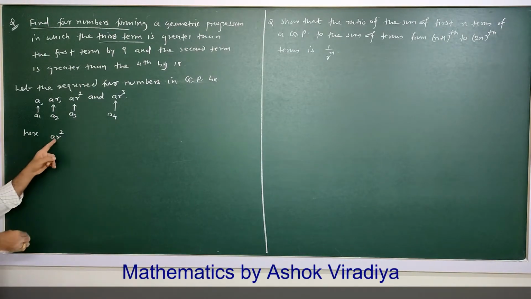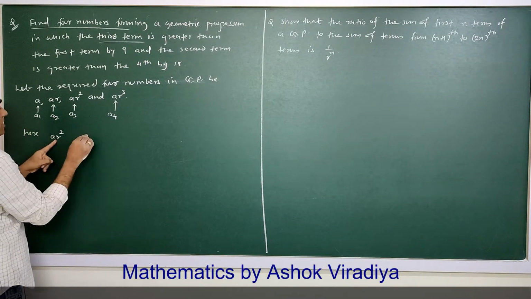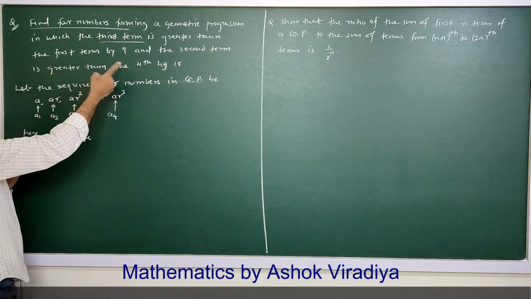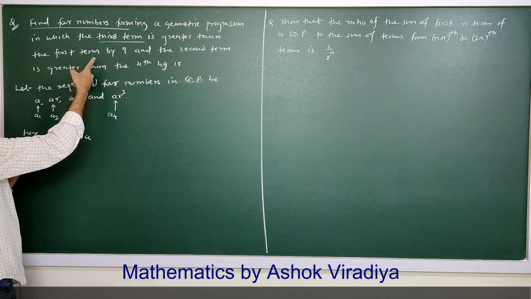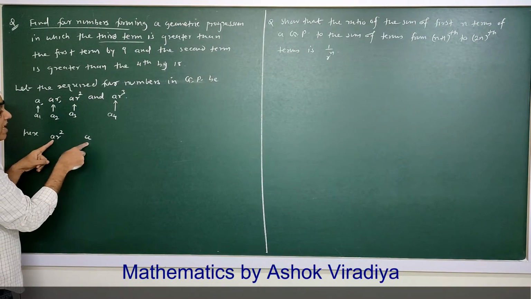This is the first term, it is the second term, and this is the fourth term. So the third term is greater than the first term by 9. So this is 9 more. So the difference of these two is 9.